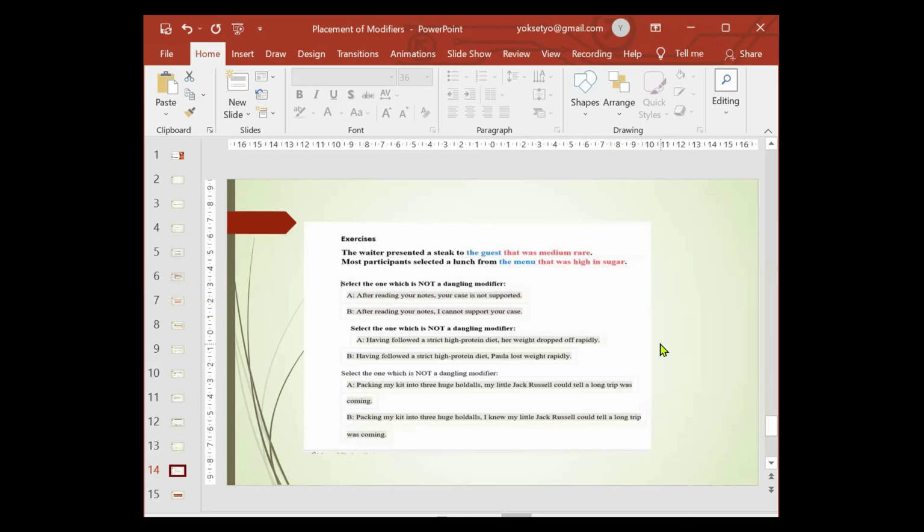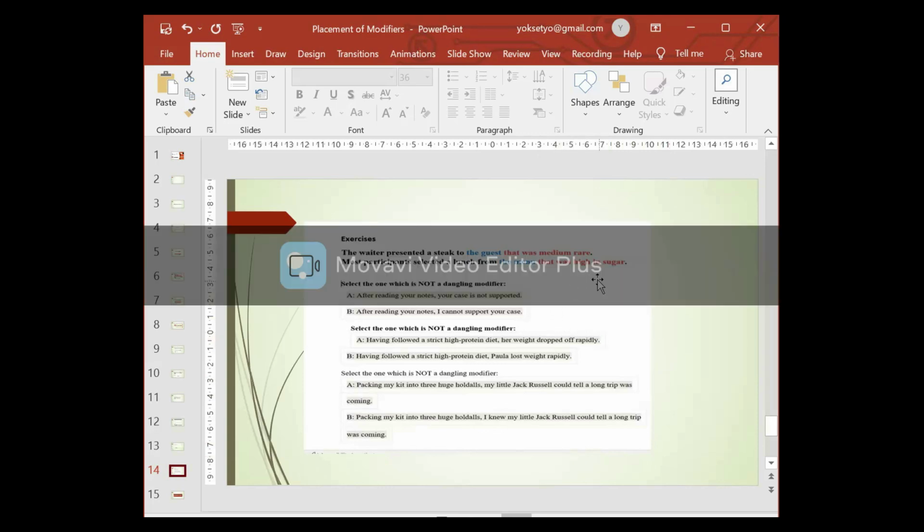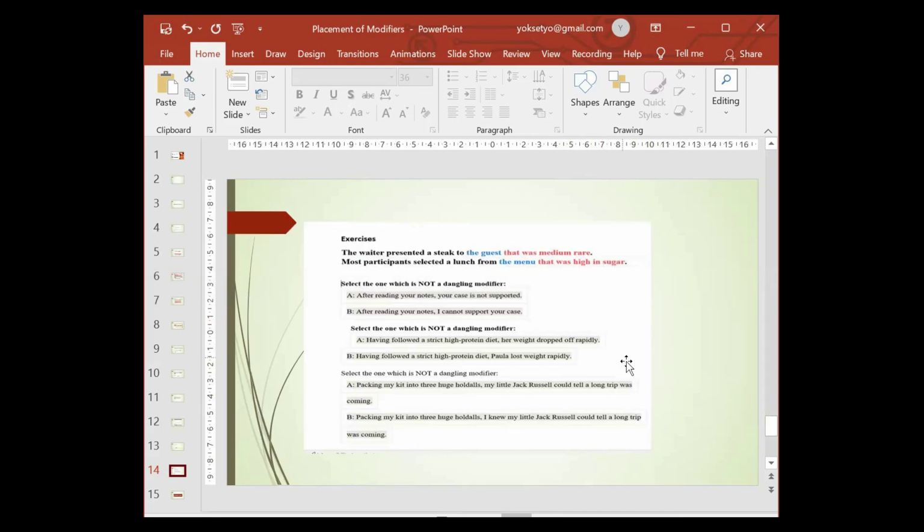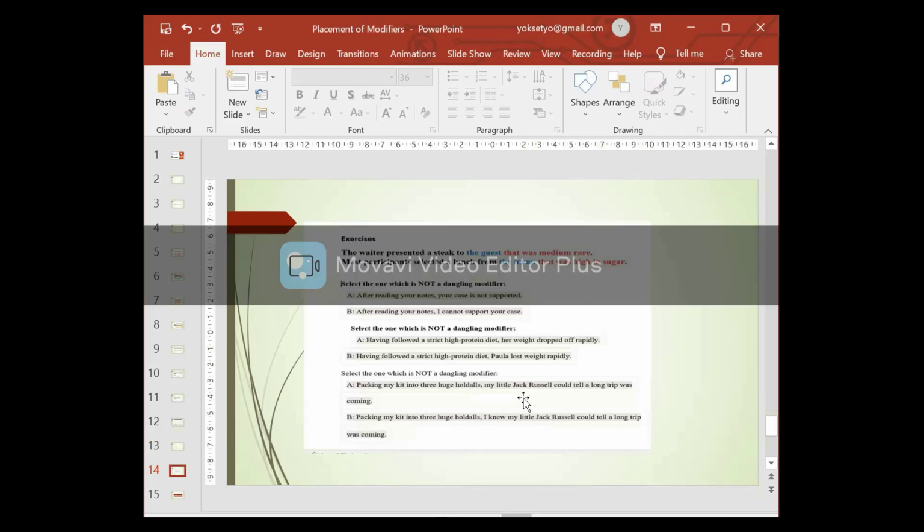That's what high in sugar. A lunch from the menu that was high in sugar.